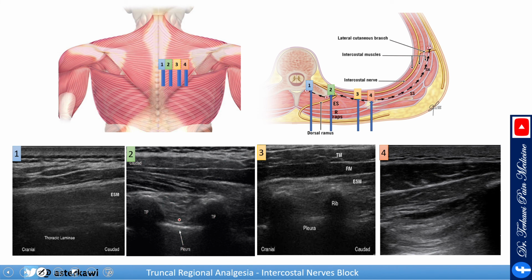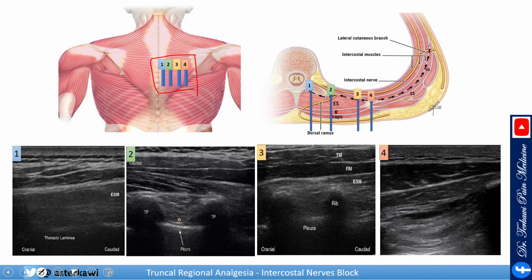Now, what I would highly recommend you do is to scan from midline and go lateral. As you see here, there are 5 different blocks we can do in this area.